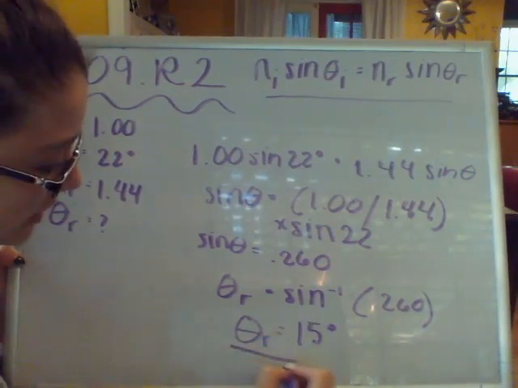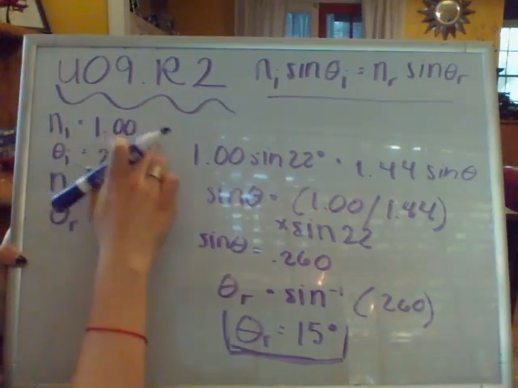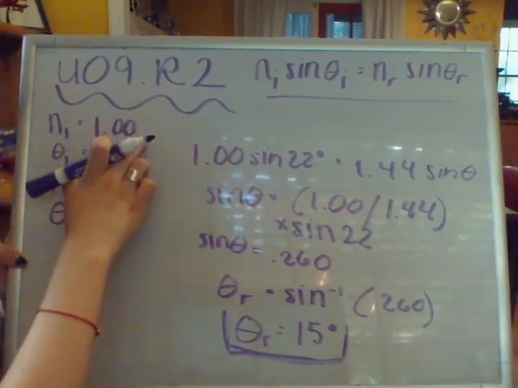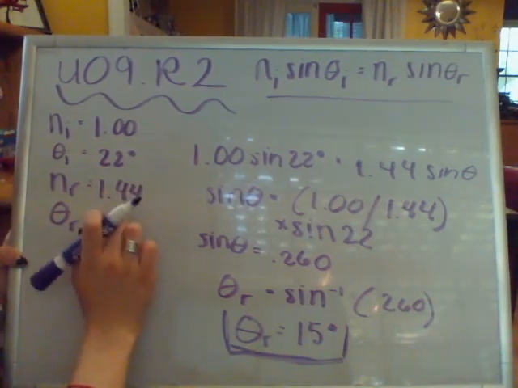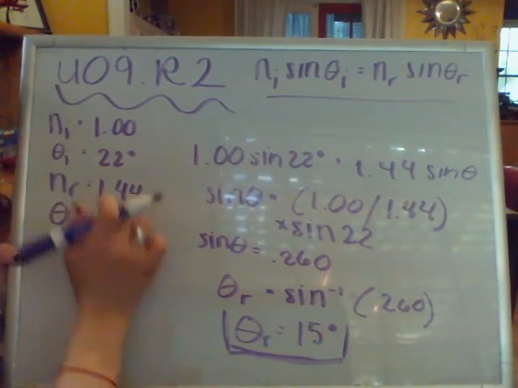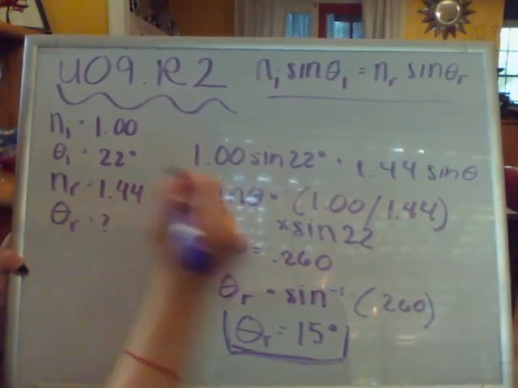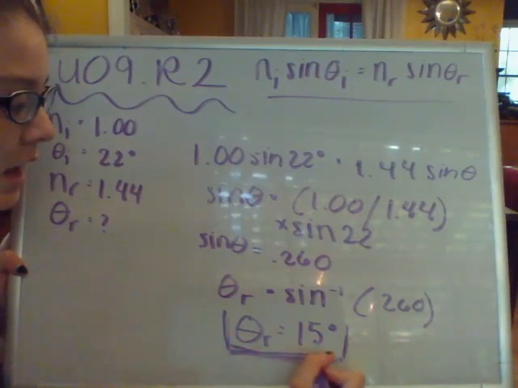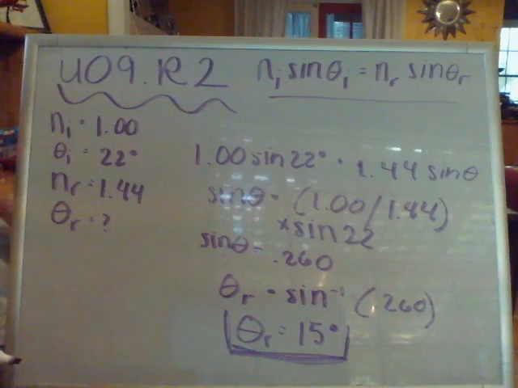So now we know that for a medium of air, with an angle of 22 degrees, going through an optical fiber with the index of refraction of 1.44, it gives us an angle of refraction of 15 degrees. And that is how we apply Snell's law to finding the angle of refraction.